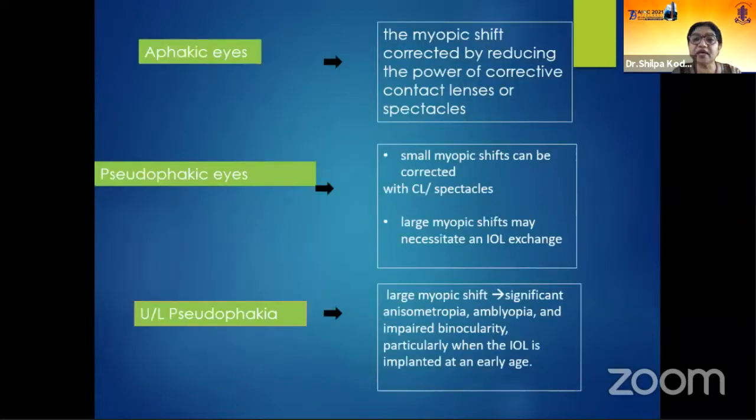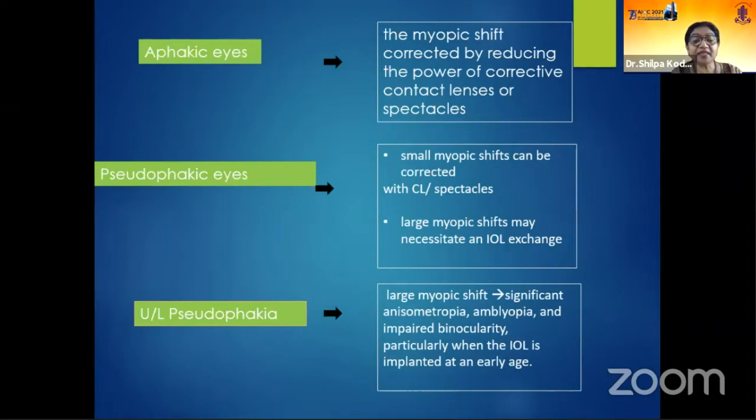Now, in aphakic eyes, the myopic shift can be corrected by reducing the power of the correcting contact lenses or the spectacles that you give postoperatively. In pseudophakic eyes, if the myopic shift is small, then it can be easily corrected with spectacles and contact lenses. But if there are larger myopic shifts over a period of time, of course, it will need an IOL exchange.